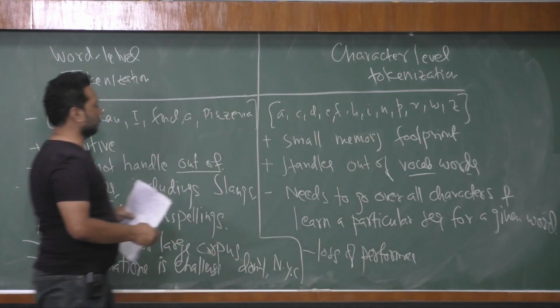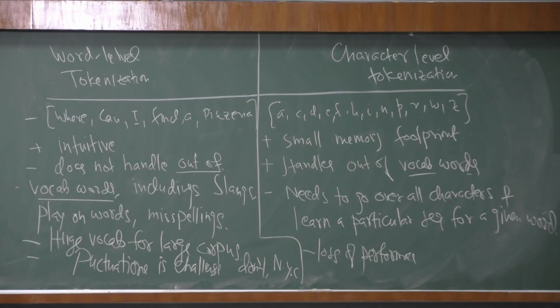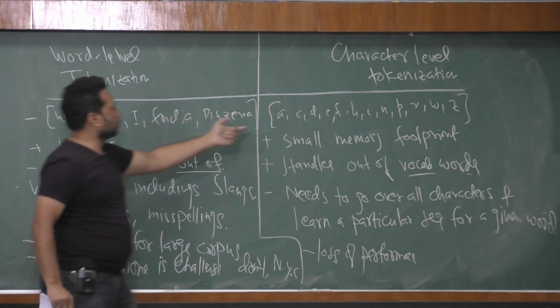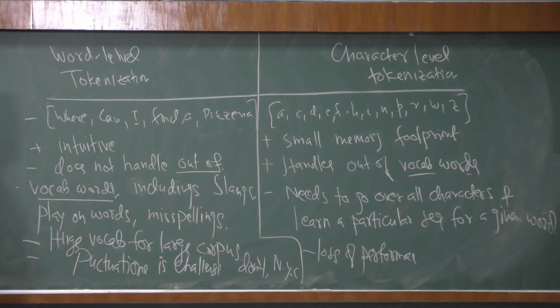Because in this case, if you do character by character, then you're not giving the whole word context to the model. It has to figure out the words from characters first also. So although it's more general, it has its own problem. So these are the tokenizations.